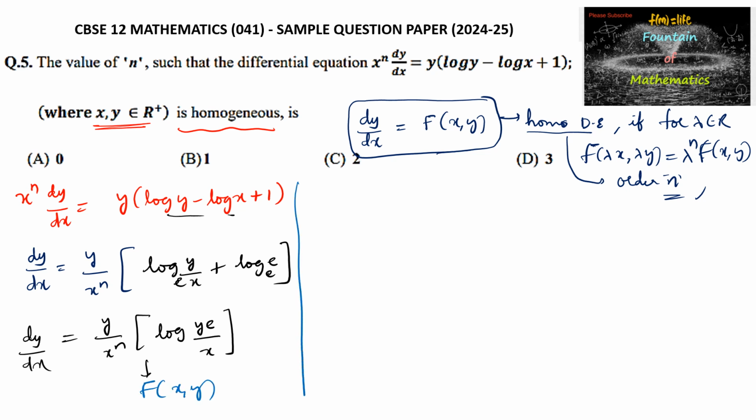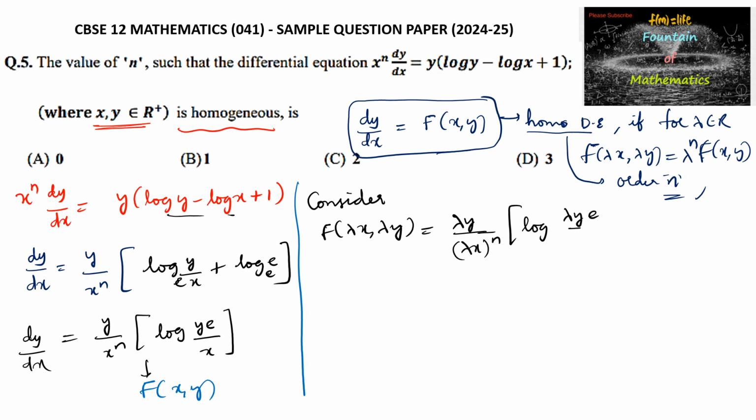Now consider f of lambda x comma lambda y, which is equal to lambda y divided by lambda x whole power n into logarithm of lambda y into e divided by lambda x. So here we can cancel the lambda. It's a non-zero real number.